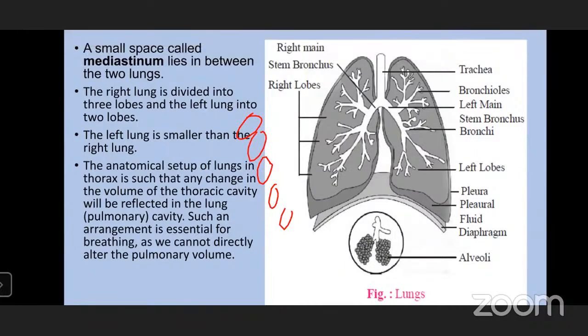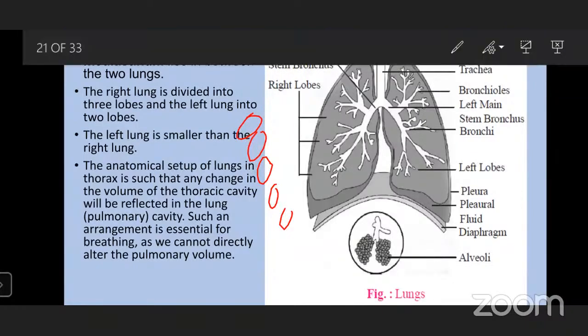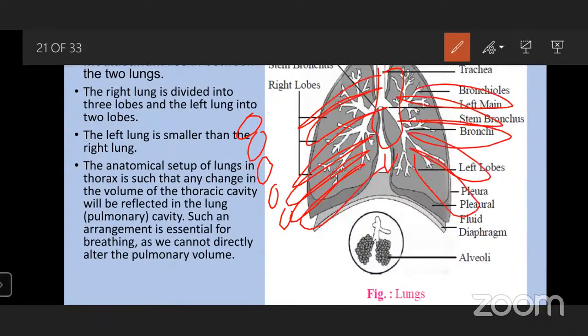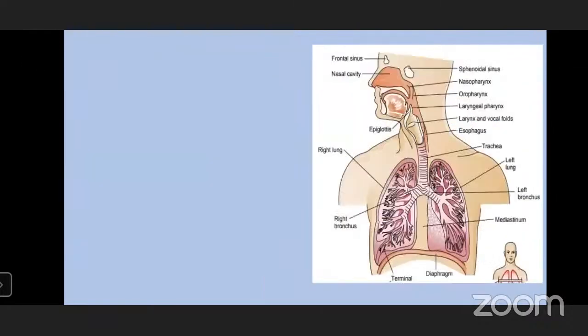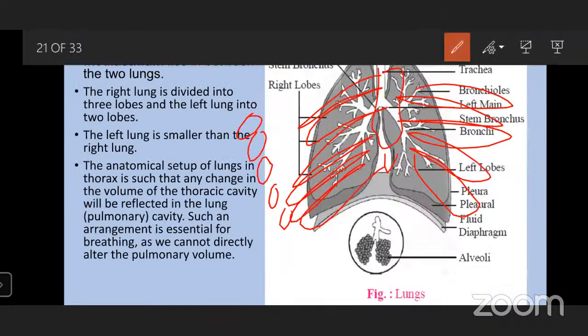If you observe, try to imagine, on the back side of our body there are ribs, right? Then on the front side there is sternum. Then on the lateral sides, there are ribs. And on the posterior side, there is diaphragm.